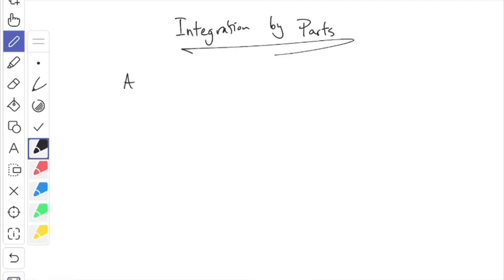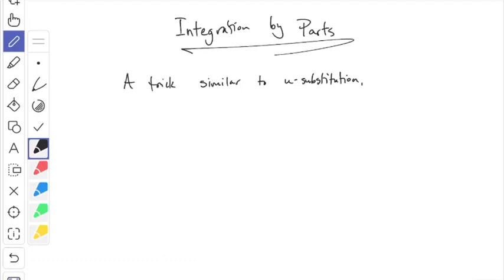So it's a trick that's vaguely, I would say, similar to u substitution. It involves choosing parts of the integral and calling them u. Actually, in integration by parts, you choose two separate parts, and we're going to call one the u and one the v.